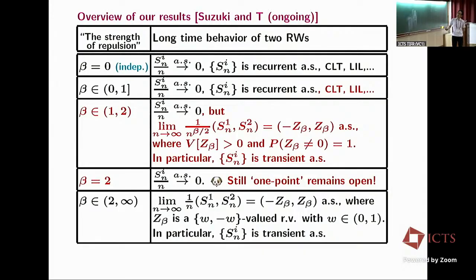So in the previous study, this region was widely open. Now the situation is one point remains. I'd like to explain some reason for this in the last slide.